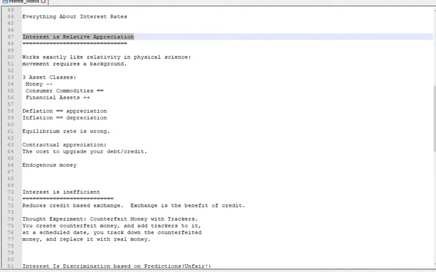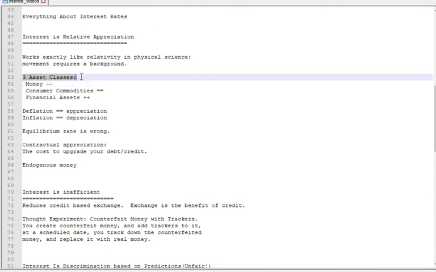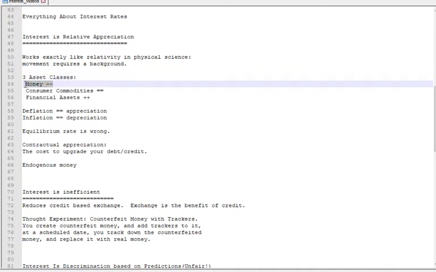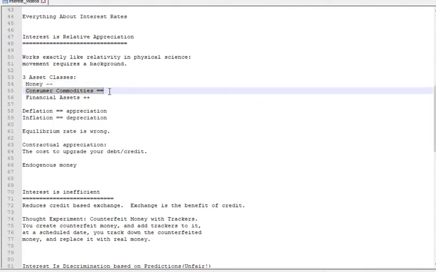Now, when we talk about interest rates, there are going to be 3 main classes of assets that we are going to consider. The first class of assets is money itself. The second is consumer commodities. The third is financial assets.